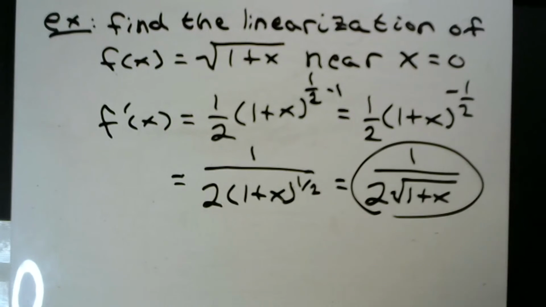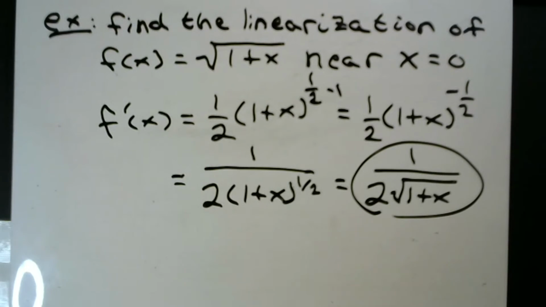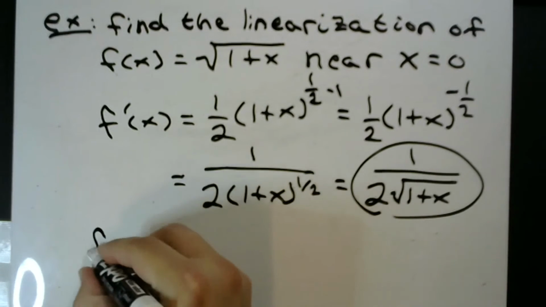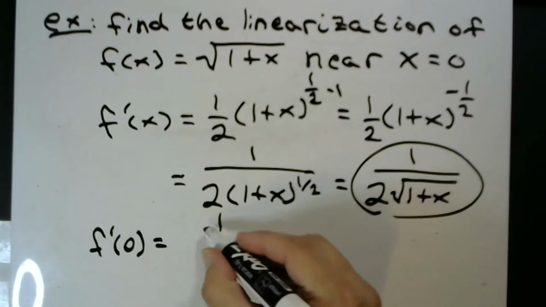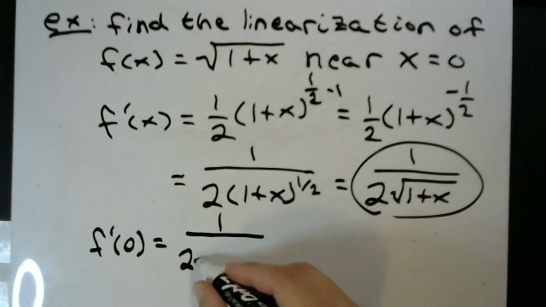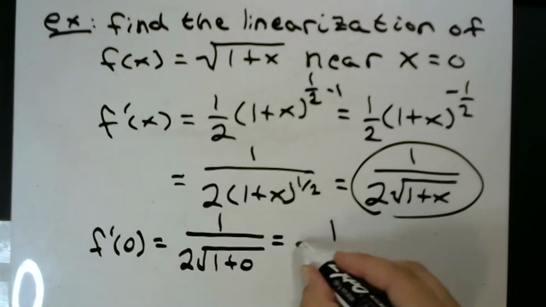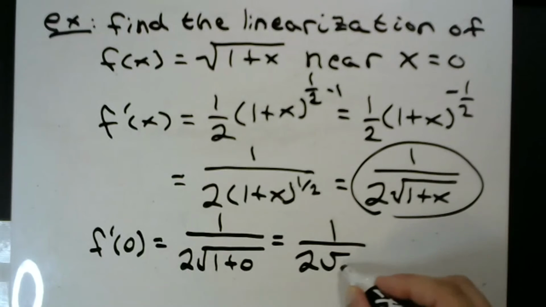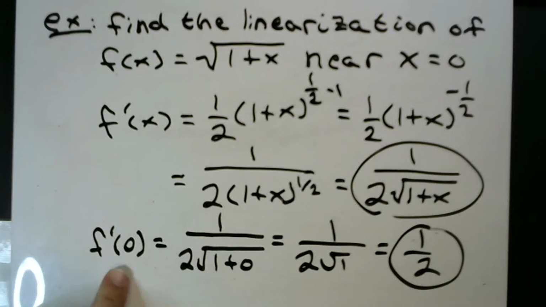So this is our f prime of x. This is going to be part of our L of x. This is our slope. So if we compute f prime of 0, we'll get 1/2 times 1 over the square root of 1 plus 0, or 1/2 over root 1, or 1/2. So that's our f prime of a. It's going to be 1/2.